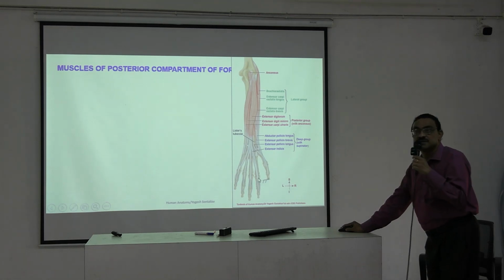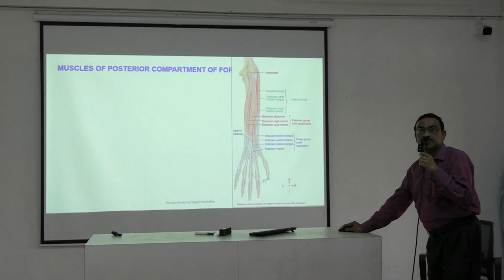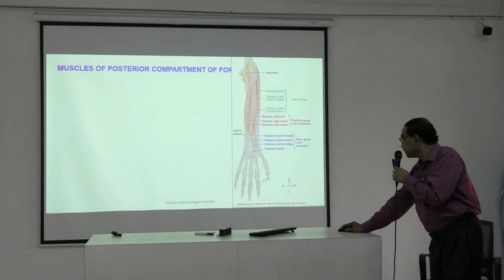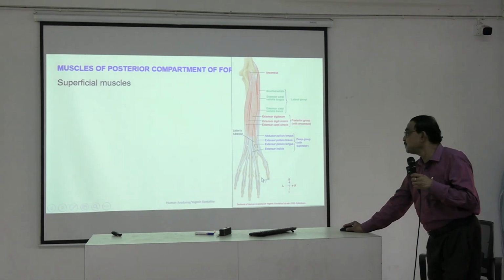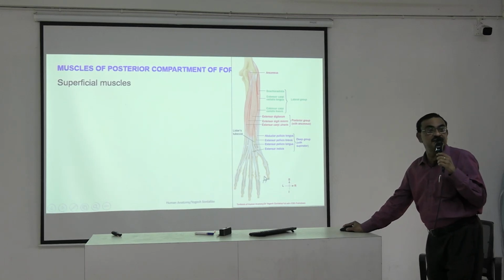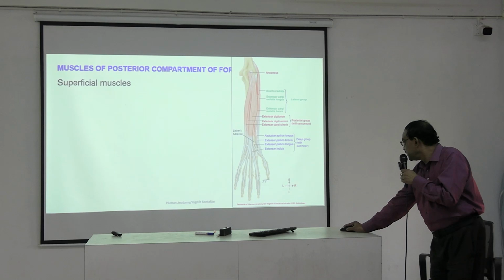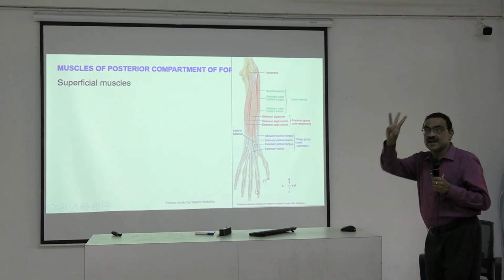it forms a thickened tendon which becomes very thick. It is called dorsal digital expansion. Dorsal digital expansion. And you can find this dorsal digital expansion divides into 3 components. Like this.